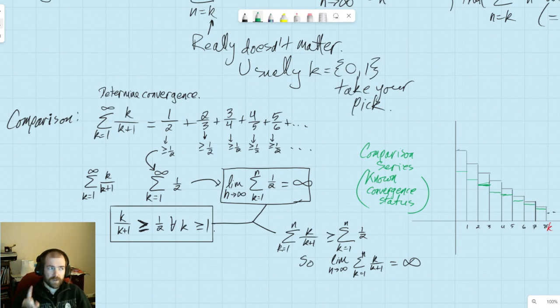So in this particular case, if we know for a fact that the green function, or the green infinite series, will converge, can we say anything about the black function, the unknown series?